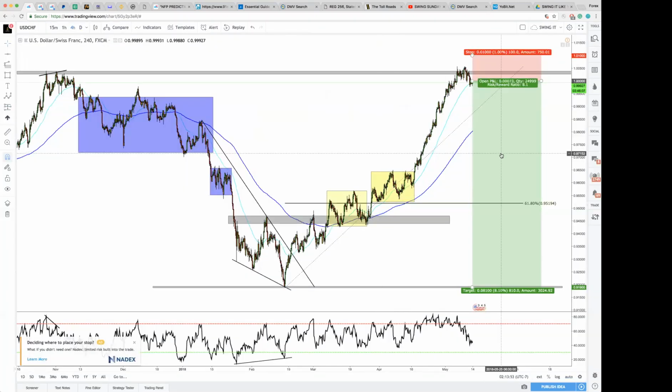Basically the risk-reward is 1 to 8, and that's a nice sell. It has a 1% risk and an 8% gain, so 8.1% gain. So it's a nice trade. We'll be going forward and making a sell on that one. Basically, we're shorting USD CHF.